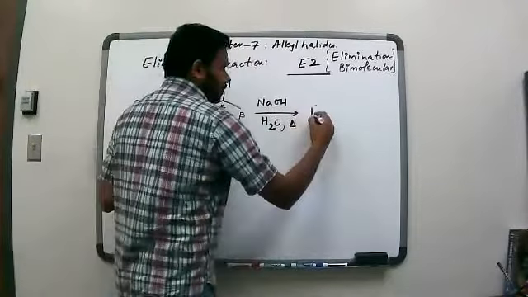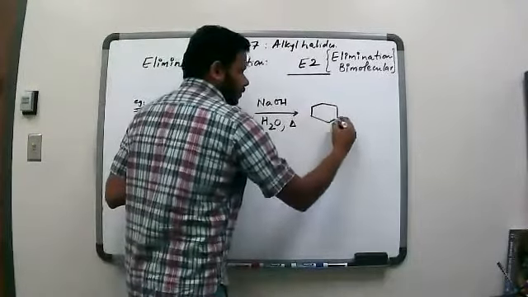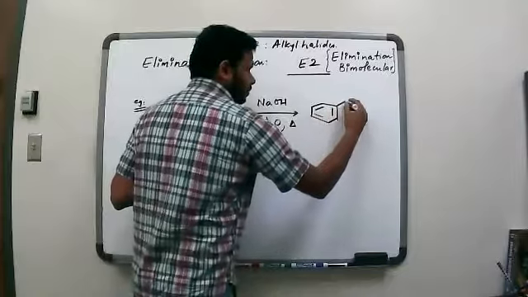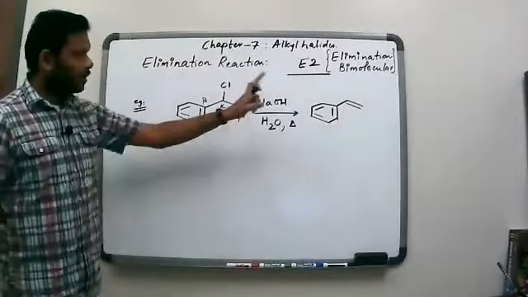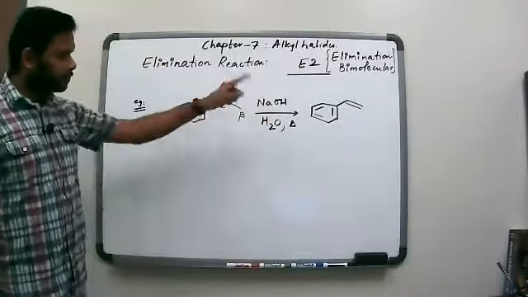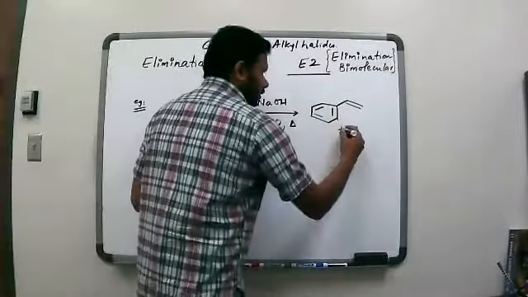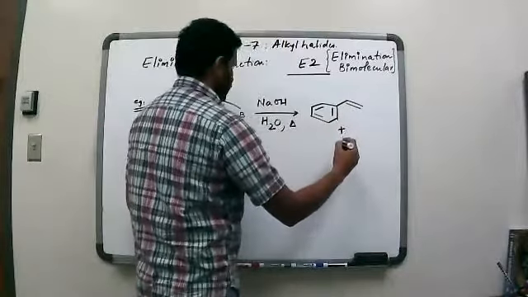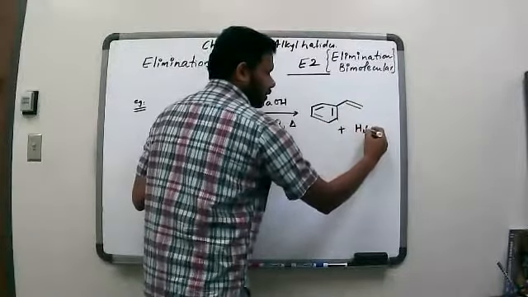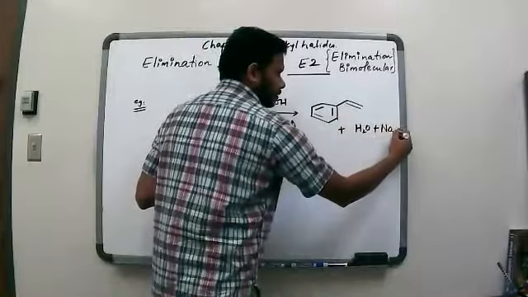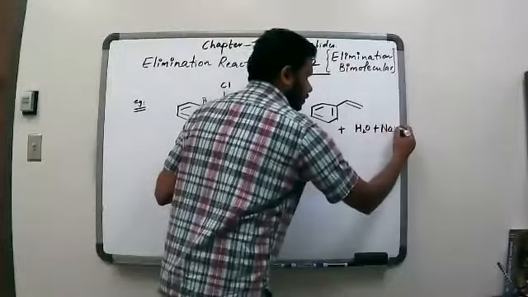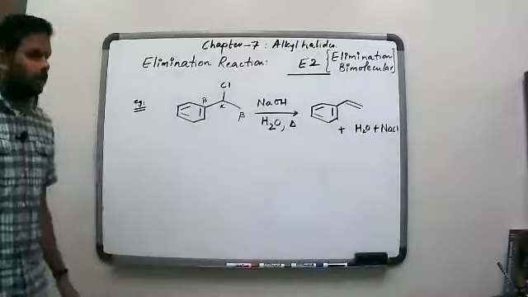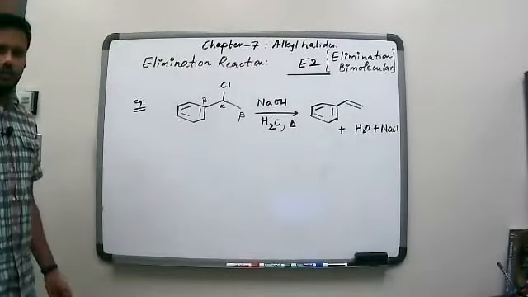So that means when we do this reaction, the product that we will get is this. We will get a double bond between alpha and beta, and plus you're going to get water as side product, and you're going to get sodium chloride, salt, along with that. Okay, that would be our reaction.